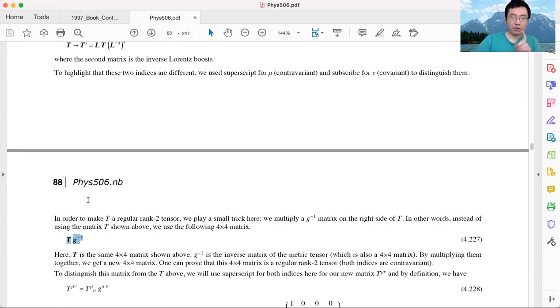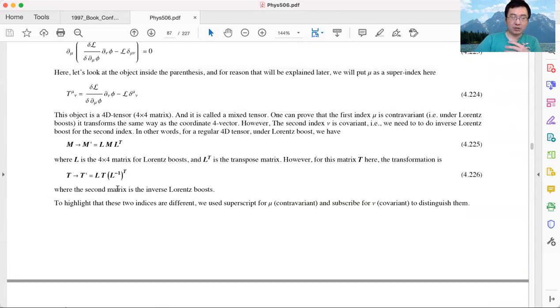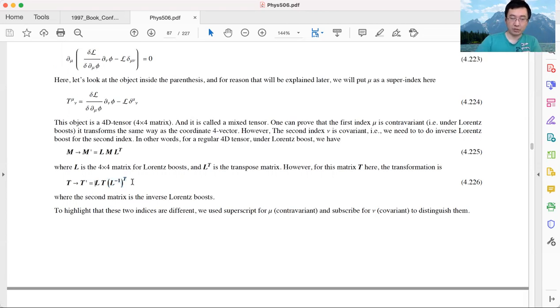I should emphasize that in our lecture, I will not prove to you how this T matrix behaves under Lorentz boost. The detailed mathematical calculation is not so important. If you're interested, we can talk about it afterwards. In this lecture, I will skip this detail and just give you the answer. So this T matrix follows this transformation.